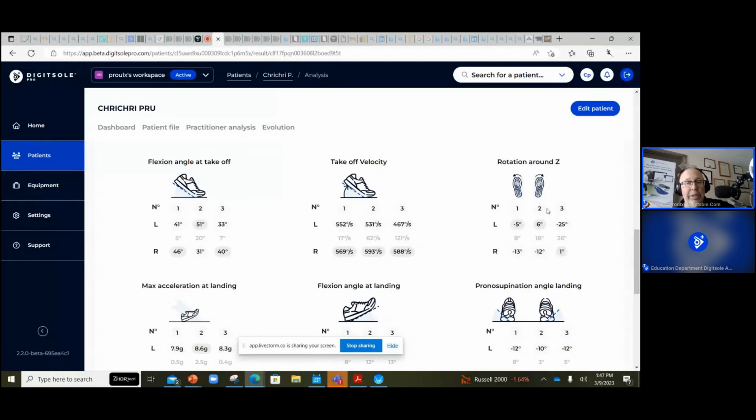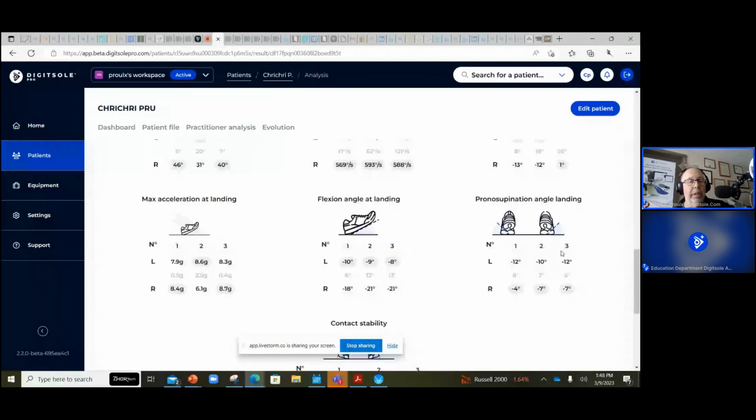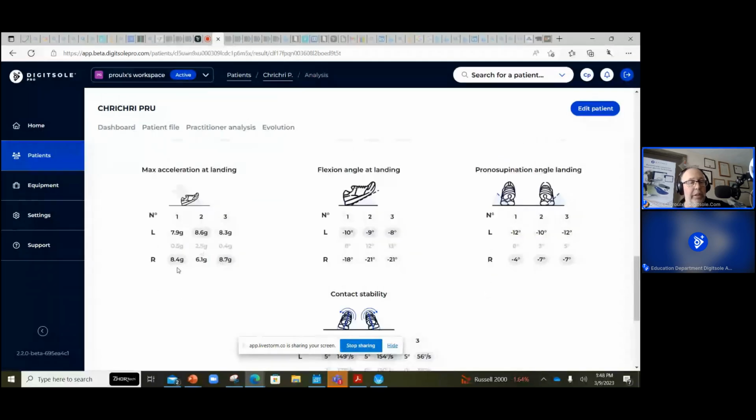Rotation around the z-axis. The reason I like to look at this 3 is, is there consistency or is there a progression in that? So we find that there's some inconsistencies, especially on that left foot. It's much better on this right foot, and I like that they actually land when they needed to be able to stick that landing fairly neutral on that right foot. Max acceleration at landing, just to be expected.